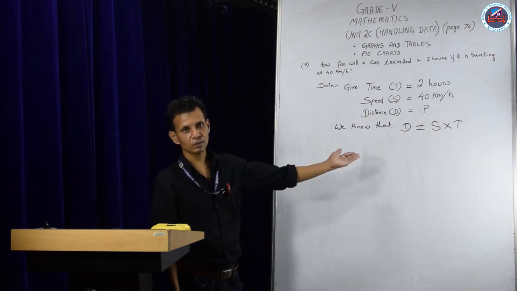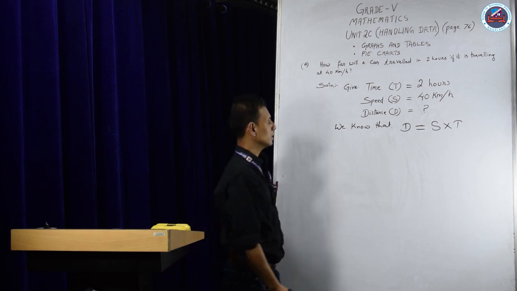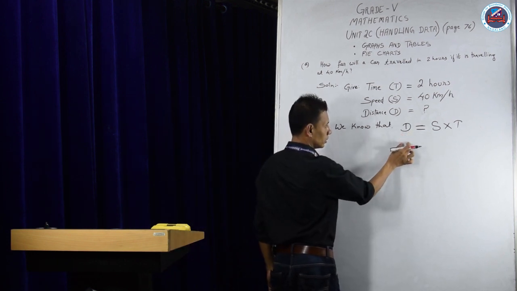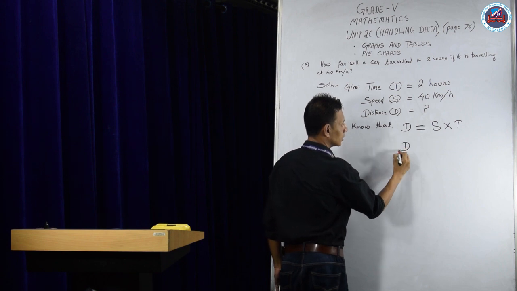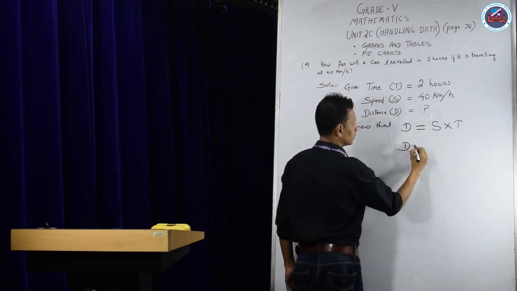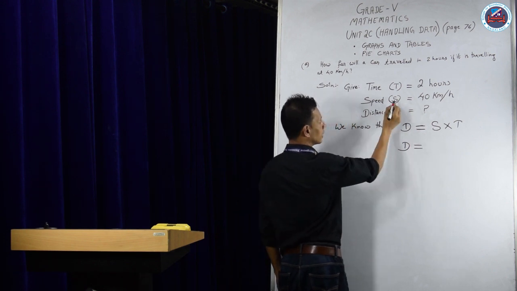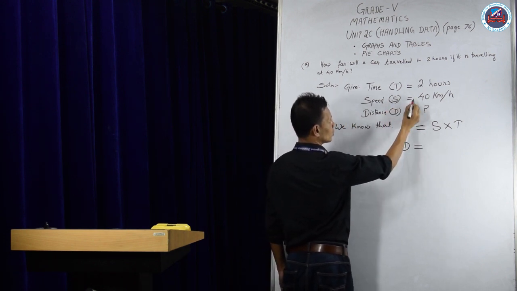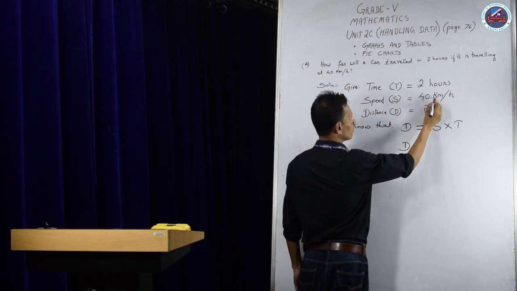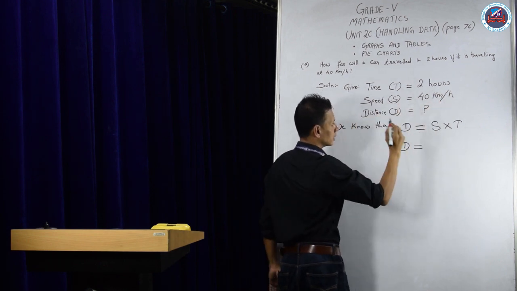Correct? This is the formula. Now, since distance we don't know, just write D is equal to S. S is speed, and for S we have 40 kilometer per hour.